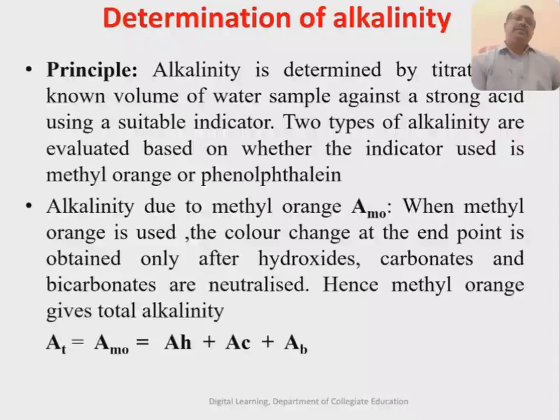First we will discuss the alkalinity due to methyl orange. When methyl orange is used, the color change at the end point is obtained only after hydroxides, carbonates and bicarbonates are neutralized. Hence, methyl orange gives the total alkalinity, so it reacts with all.